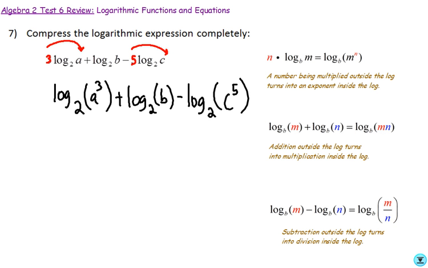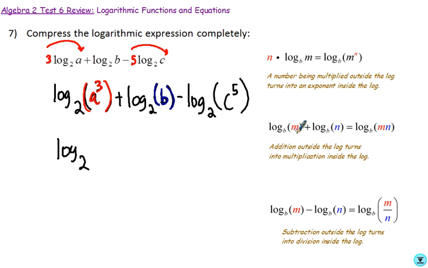So what I would end up doing here is I would have log base 2. My first term here would be a to the 3rd power, and then b. And again, I'm color coding this so you see what's happening here.